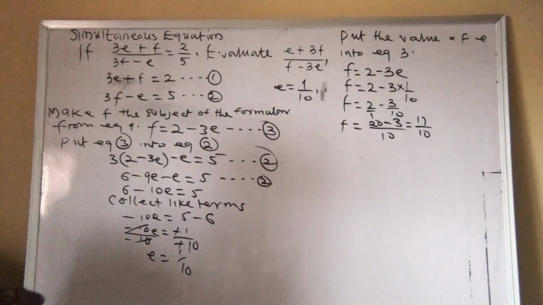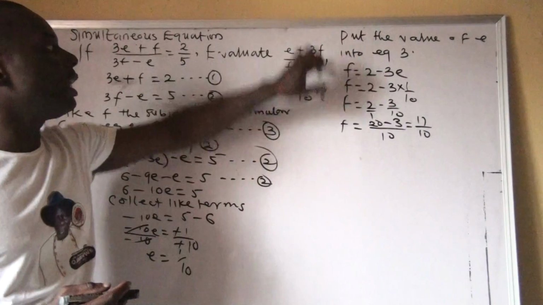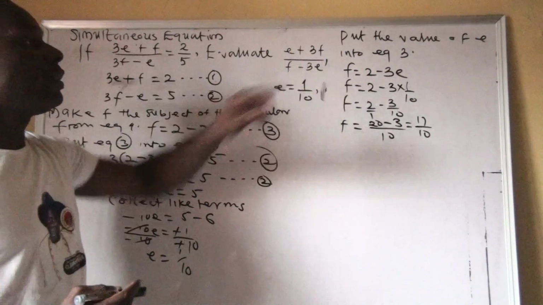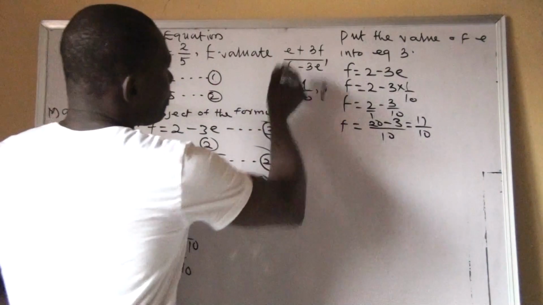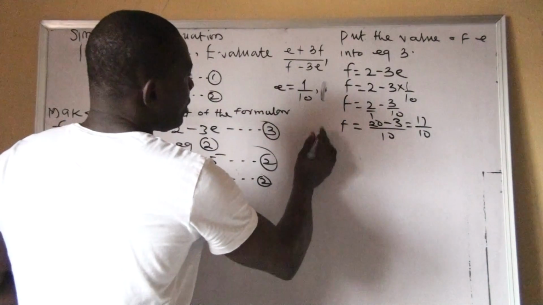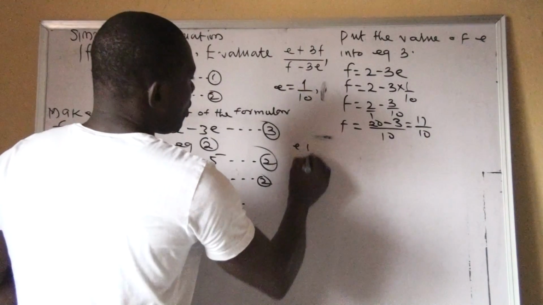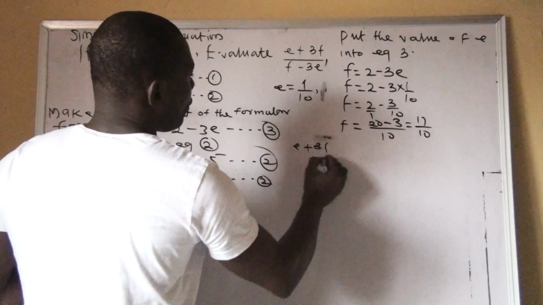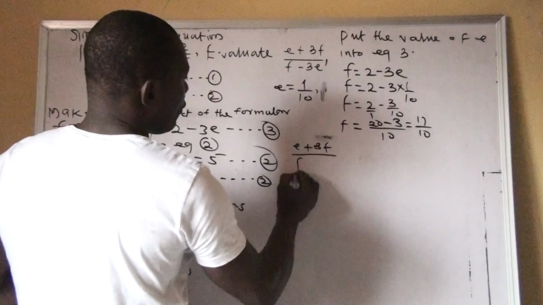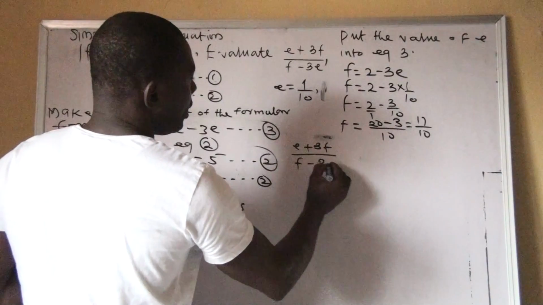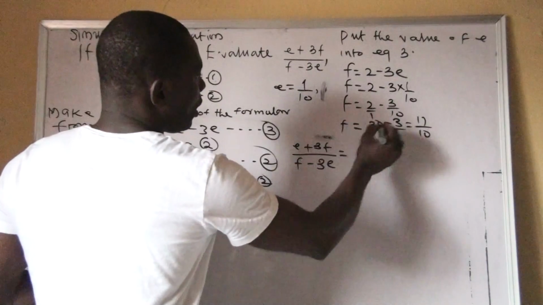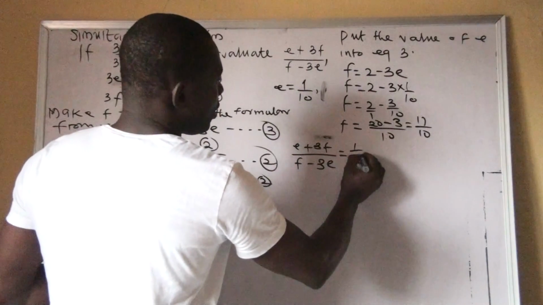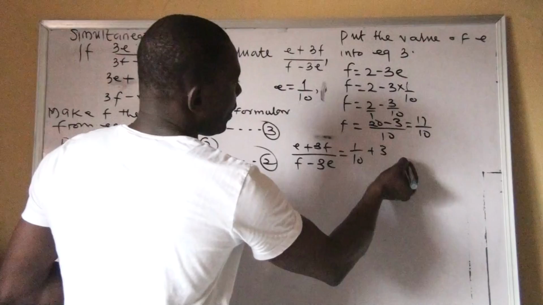Okay, but it said we should find e plus 3f over f minus 3e. Now your e is already 1 over 10. So e plus 3f all over f minus 3e becomes, in place of e here, 1 over 10 plus 3f.